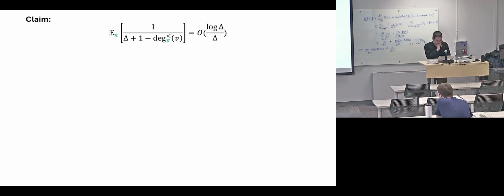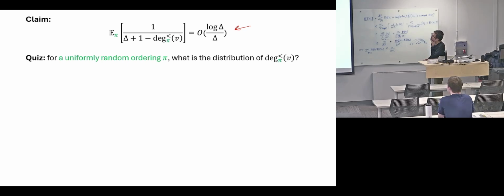We want to prove this thing. Now my question is, when you choose a uniformly random ordering pi, first of all, this thing is going to be at least 0 and at most the degree of v.